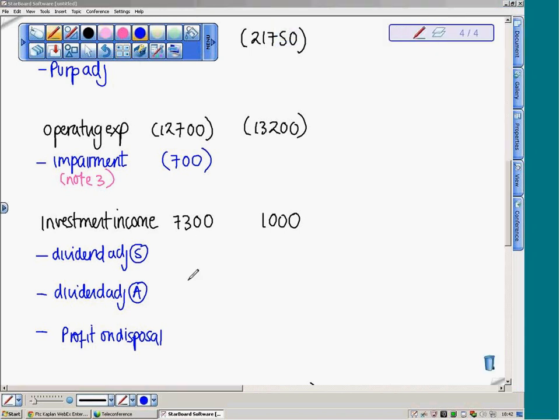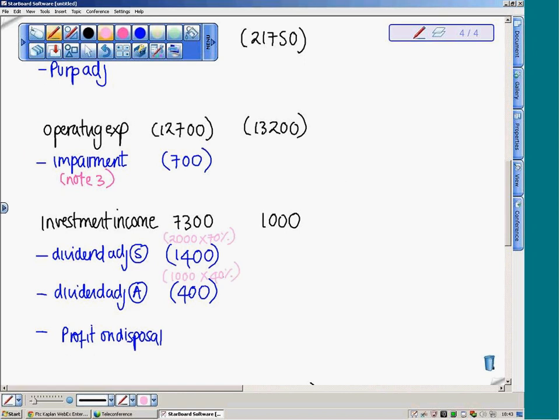Okay, so I've got the adjustment for S, 1,400 as a reduction, and I've also got the adjustment for the dividends from my associates. And just so you don't get confused, I'm going to rework the calculations here. It's 2,000 multiplied by the 70%. It is 1,000 multiplied by the 40%.